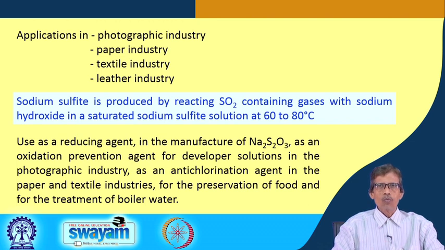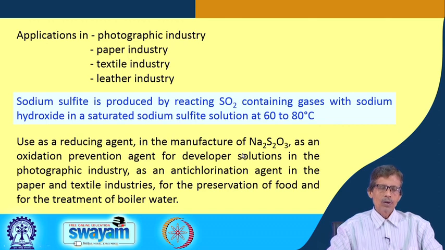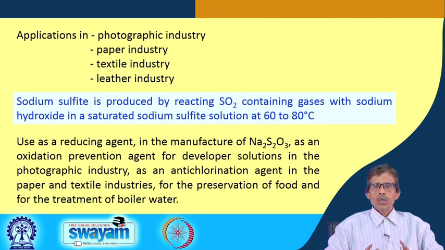So, you just go for a typical reduction reaction using these sulfur based salts, and also for the preservation of food material, that is why it is useful in the food industry and in food chemistry, and in the treatment of boiler water. That means, if you have something present as an oxidizing agent, such as excess oxygen or some peroxides or some chlorine, chlorine is also an oxidizing agent, which is also a bleaching agent.